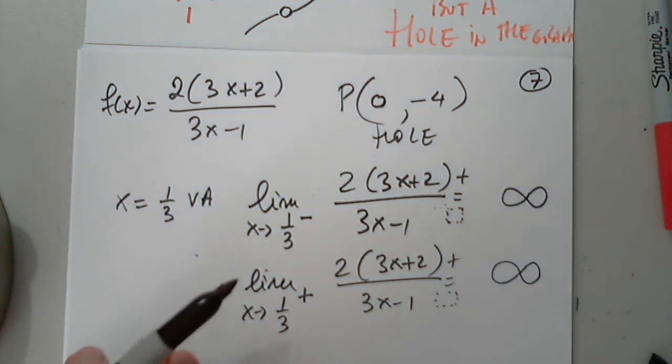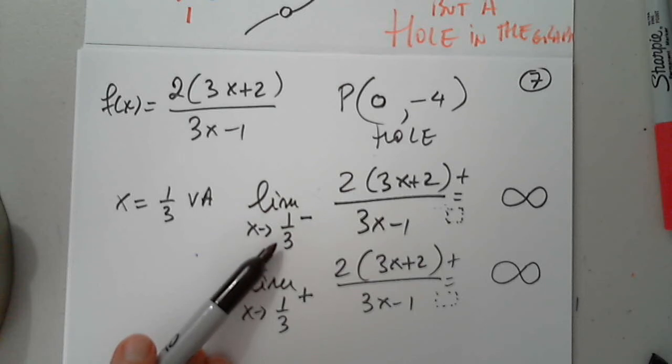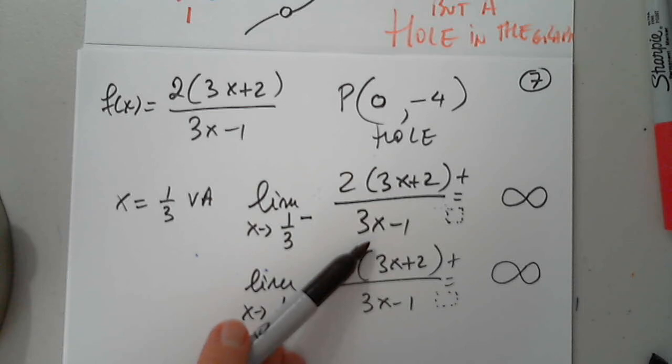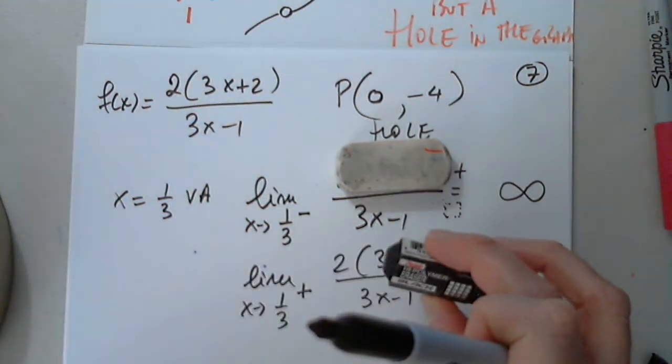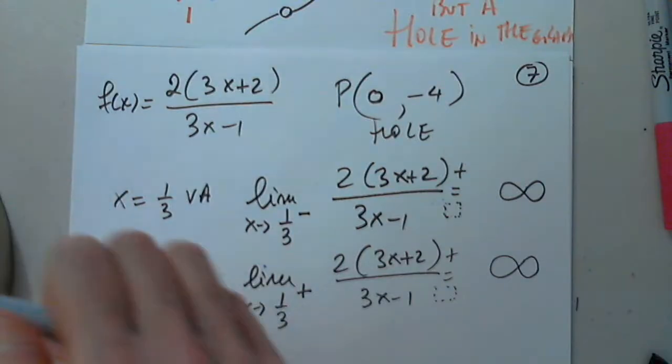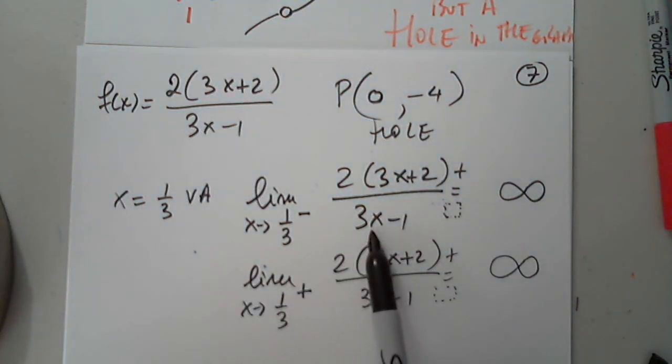So let's plug in. 1 divided by 3 is like 0.3. We only plug it in here. I wouldn't waste my time to plug it in the top, we already did that anyway. So let's plug 0.33 here, and 0.34 here, because I have to be on the other side.